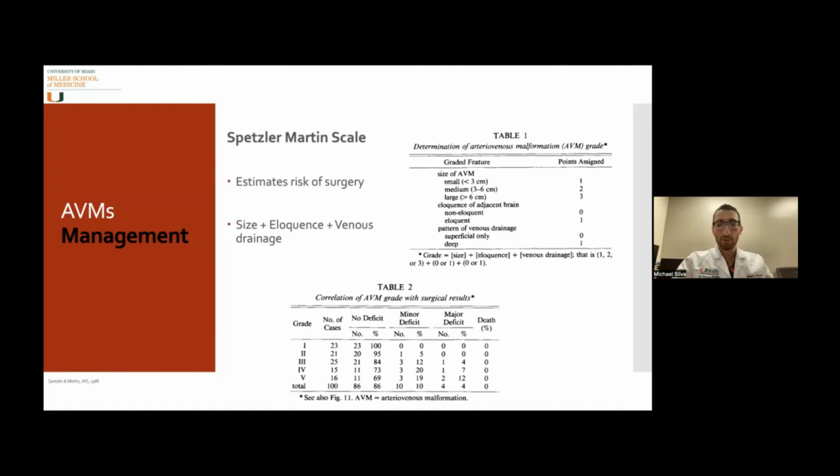What is the risk of surgery? And the Spetzler-Martin scale, we've learned, estimates the surgical risk, and a higher grade, typically Spetzler-Martin 4 or 5, these are AVMs that carry a very high surgical risk, whereas the lower Spetzler-Martin grade AVMs are more amenable to surgery because they're a lower risk.